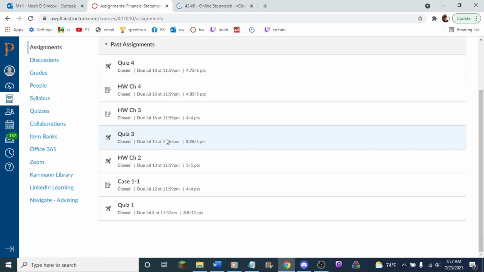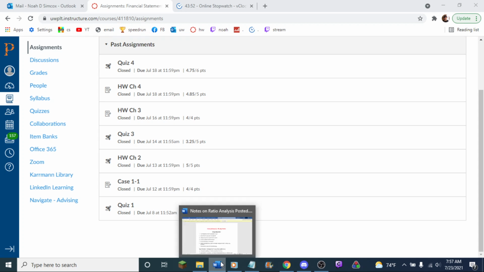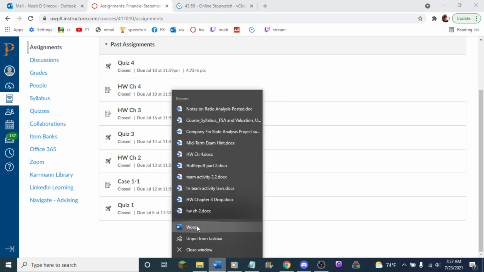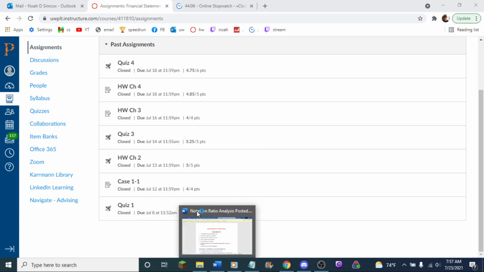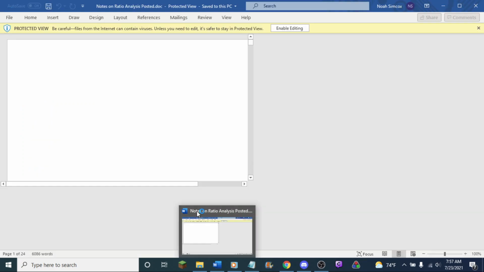Guess I'll study my stinking homework, except for case 1-1. Homework for chapter 2. Wait, we had a homework assignment for chapter 2? What was chapter 2?